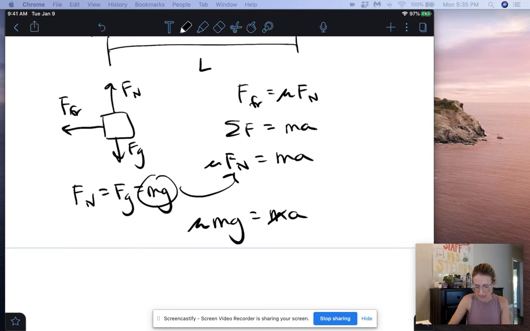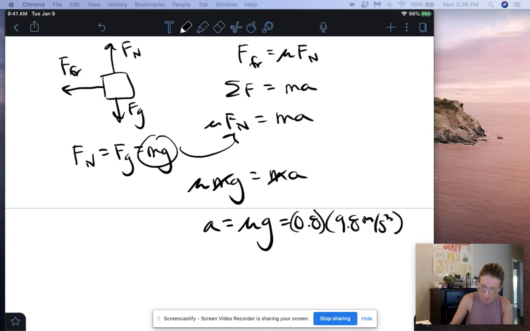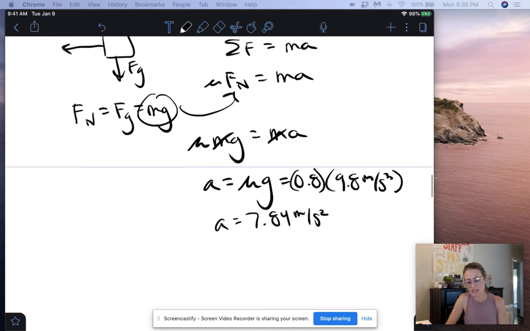Look, the mass cancels out of that glider. And now we get that the acceleration of the glider is equal to mu times acceleration of gravity, which is 0.8 times 9.8 meters per second squared. And 0.8 was given in the problem. So we get 0.8 times 9.8, which ends up being 7.84. And so this is our acceleration.